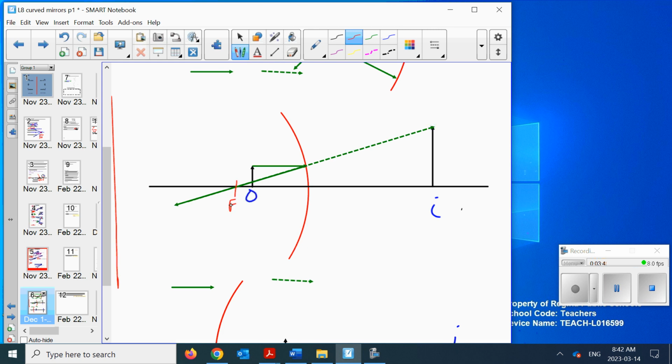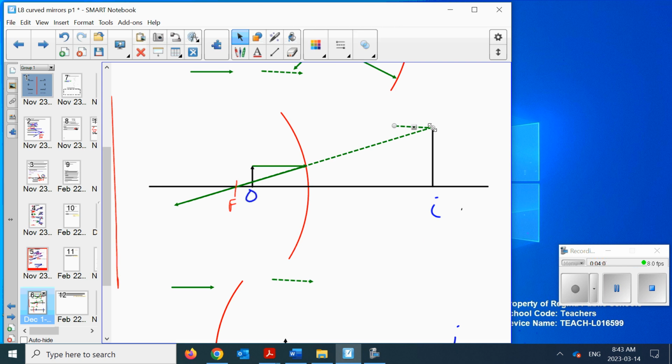Now, using the rules to show where the center is, I'm going to only use a dotted line first, and then I'll shade or color in afterwards. Here's how I'm going to do it.